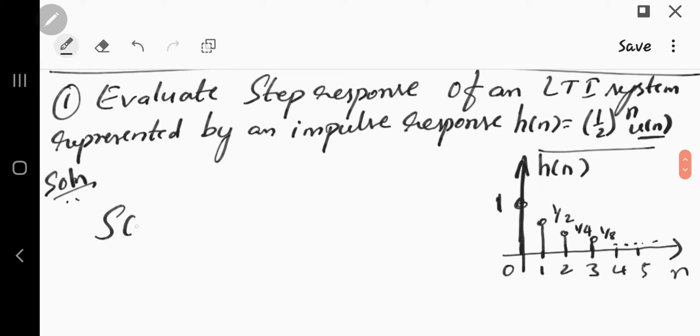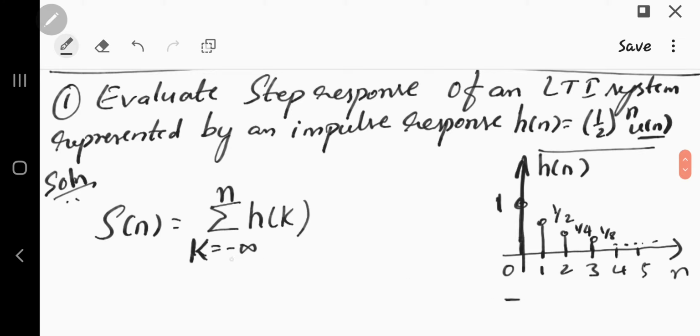Now, from the definition, the step response is given by summation k is equal to minus infinity to n of h of k. Now, based on this, looking at the signal, n varies from minus infinity to plus infinity, or the signal should be between minus infinity to n here.